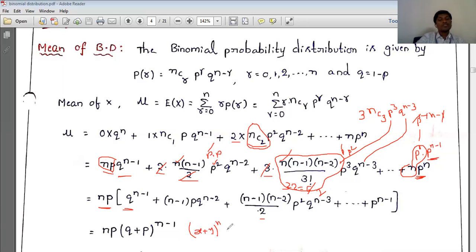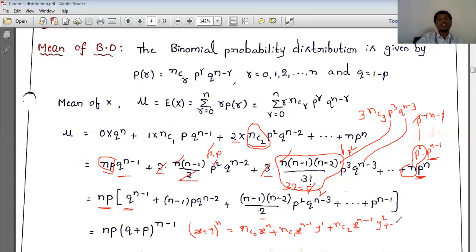So x plus y whole power n is nothing but simply, what we can write, nc0 x power n y power 0, next nc1 x power n minus 1 y power 1, next nc2 x power n minus 2 y square, plus and so on.